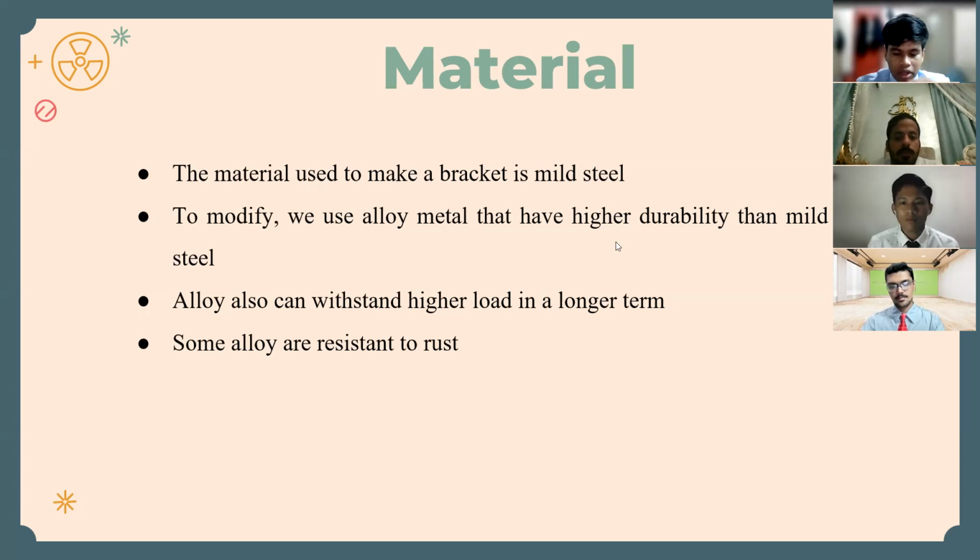For example, the weight of the fire extinguisher, which is from 3 kg to 10 kg at most for each type, can make the J bracket bend slowly over the years. So to reduce the damage and the replacement cost, we will use the alloy J bracket to hang the fire extinguisher, which has high durability in the longer term, so we can reduce the damage given to the J bracket.